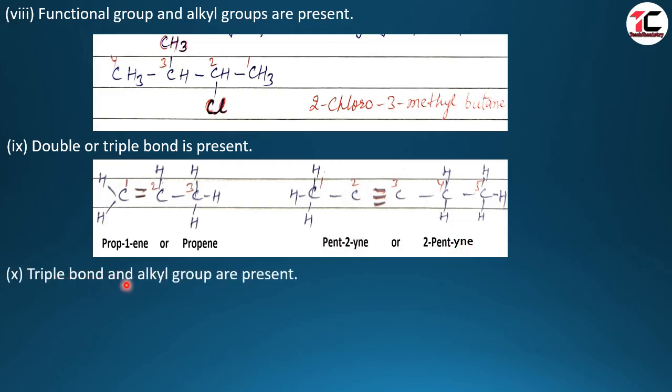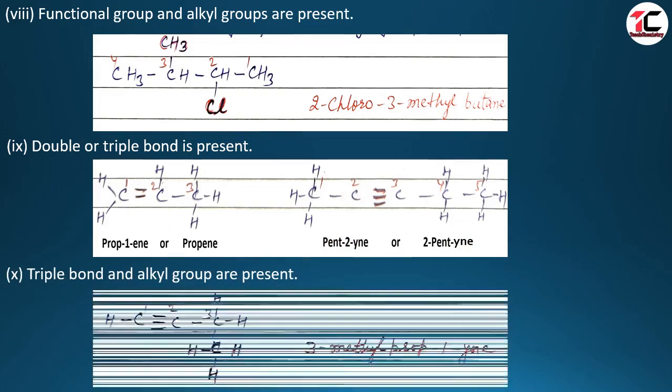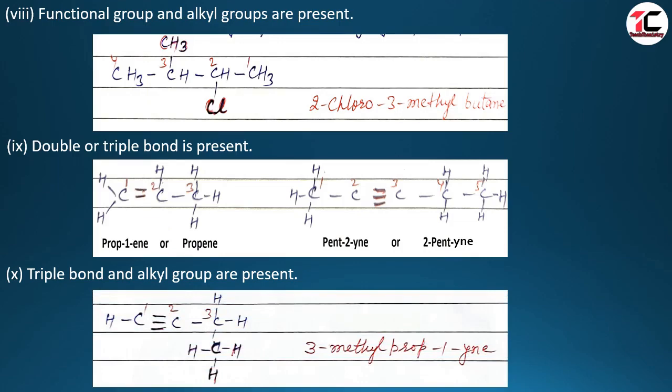If a triple bond and an alkyl group are both present, let us see in the example. Here is a triple bond between the first carbon atom and second carbon atom, and a methyl group at the third carbon atom. Triple bond and alkyl group are both present, so numbering should start from the triple bond, as triple bond and double bond are also functional groups.